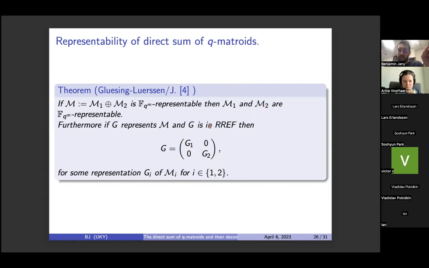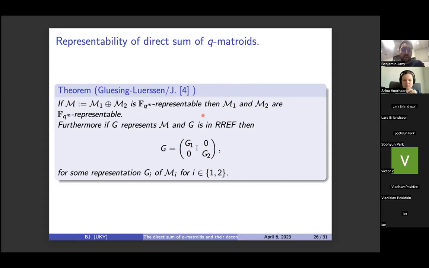So this is slightly different than before because first we assumed that our direct sum was representable. And from this representation, we got a representation of M1 and M2. But if you start with representations of M1 and M2, in this case, you can now go backwards, right?